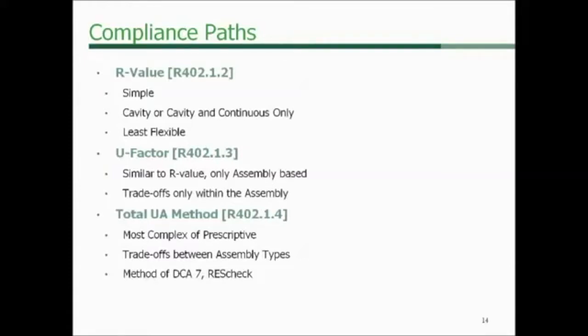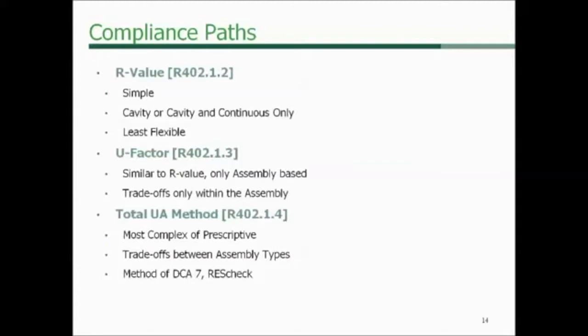The U factor method is similar to the R value in that it's a table-based methodology, but it's assembly-based, so it's performance-based. It says, look, your assembly has to meet this requirement. Instead of saying your insulation has to meet the requirement, it's the overall assembly of the wall or the roof that has to perform at this level. So you can trade off parts within the assembly.